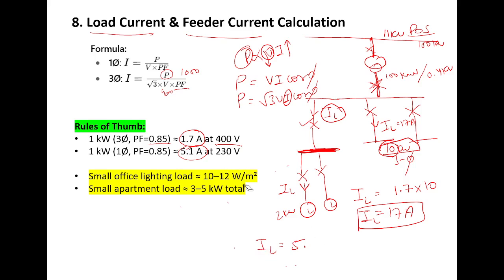Okay, so don't get confused by that. So 5.1 into 2 equals 10.2 amperes. Now here it is 17 amperes. Can you compare? For 10 kilowatt of load, it is 17 amperes of current. For 2 kilowatt of load, it is 10.2 amperes.